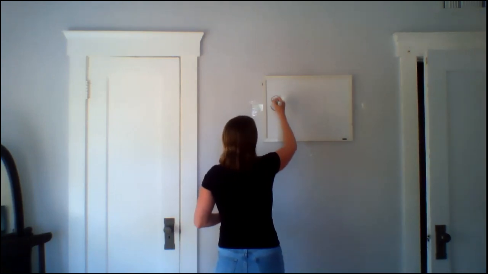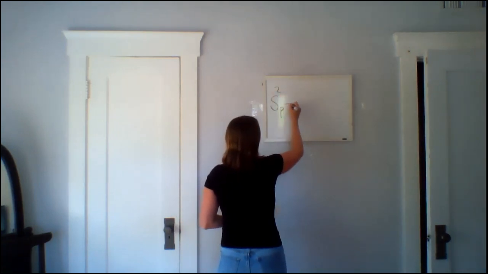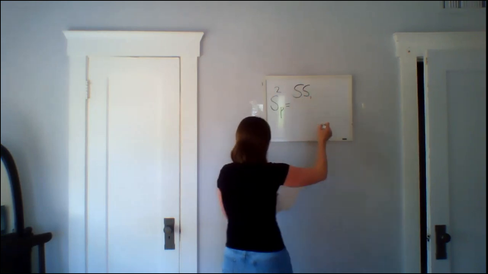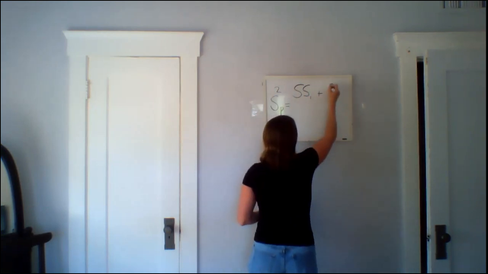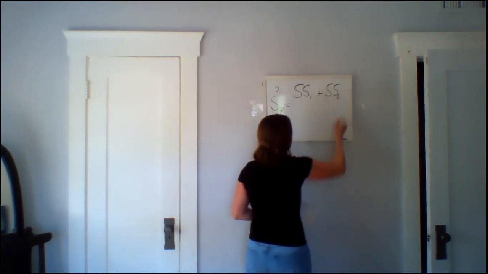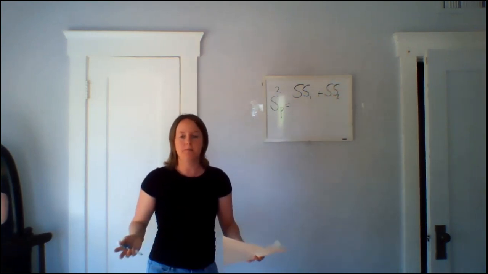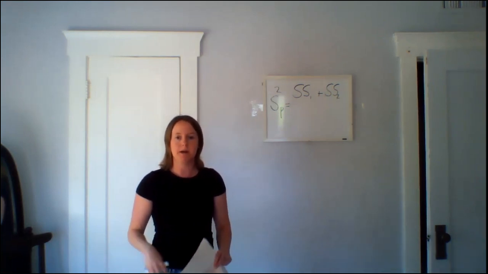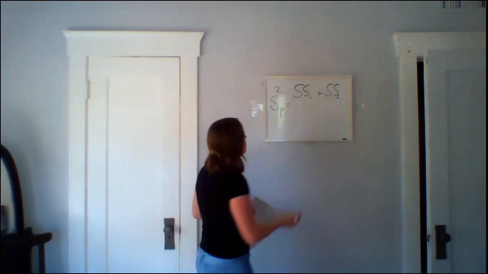The pooled variance is equal to the sum of squares for sample 1, plus the sum of squares for sample 2. We learned how to compute sum of squares all the way back in January. Everyone knows how to do it by now. I'm just going to be giving you those values.